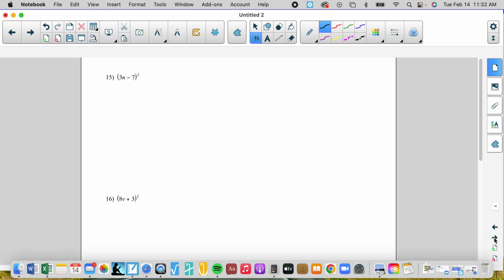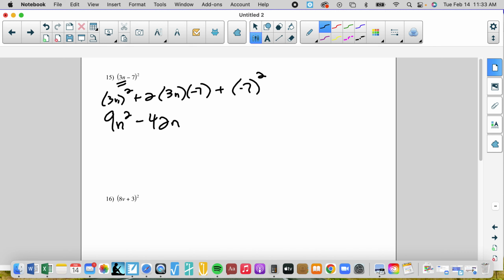But if you see it, awesome. If you don't, we can do 3n squared, which is 3n quantity squared, which is 9n squared. We know that we're going to have plus 2 times a times b, which gives us 2 times 3n is 6n, times negative 7 is negative 42n, and then plus b squared, which gives us positive 49.